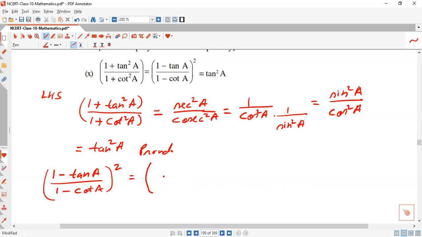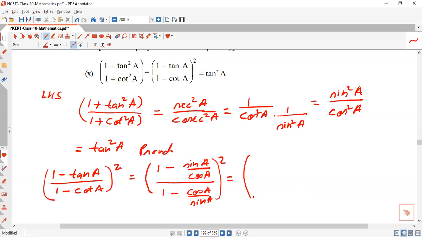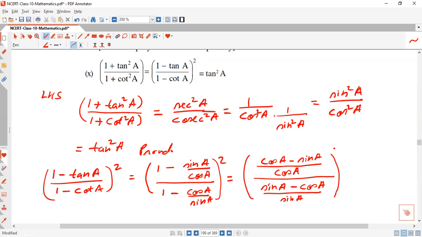So this becomes 1 minus sin A upon cos A, divided by 1 minus cos A upon sin A, and this is whole square. Taking the LCM, in the numerator we get cos A minus sin A upon cos A, and the denominator has sin A minus cos A upon sin A, overall whole square.